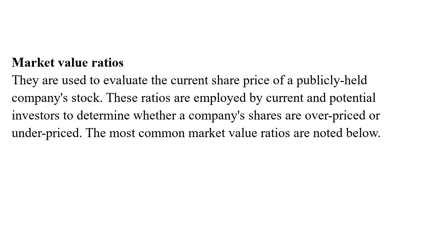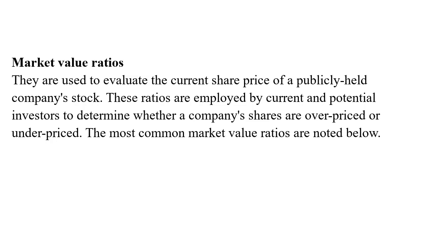Market value ratios. They are used to evaluate the current share price of a publicly held company's stock. These ratios are employed by current and potential investors to determine whether a company's shares are overpriced or underpriced.